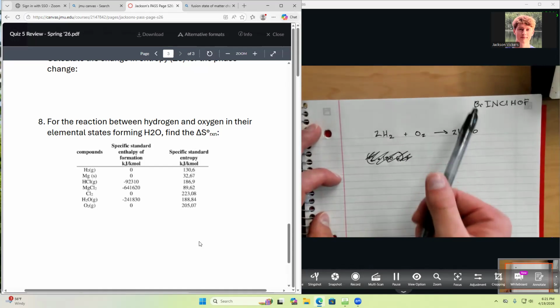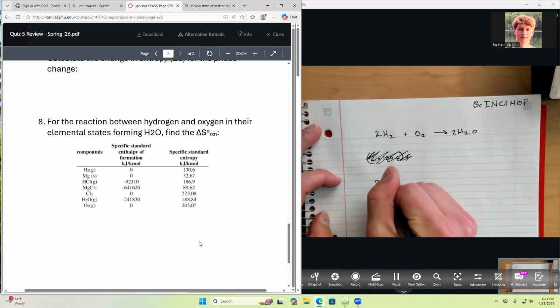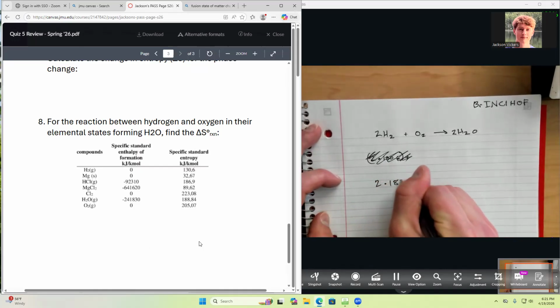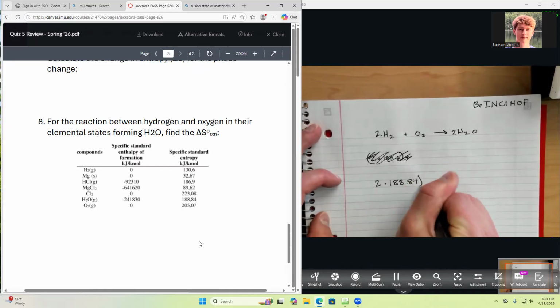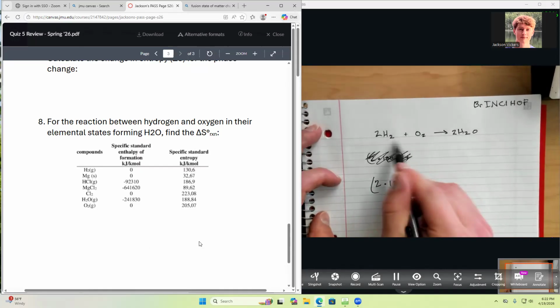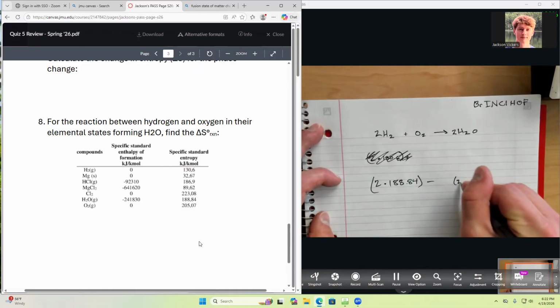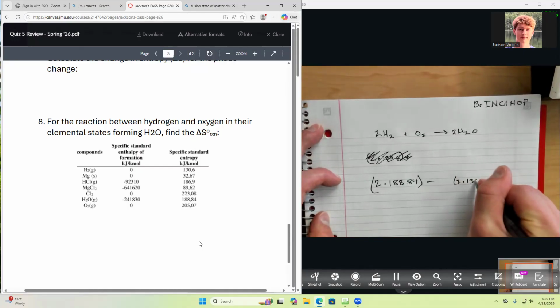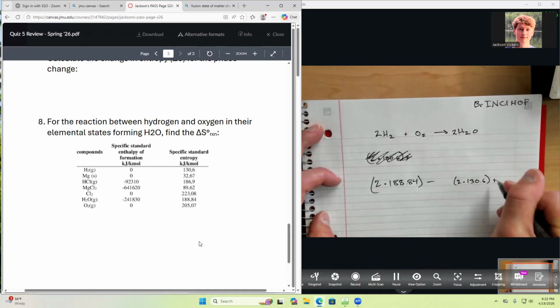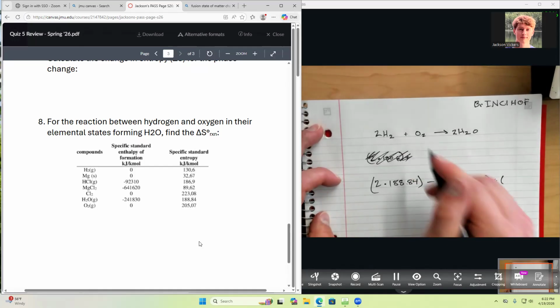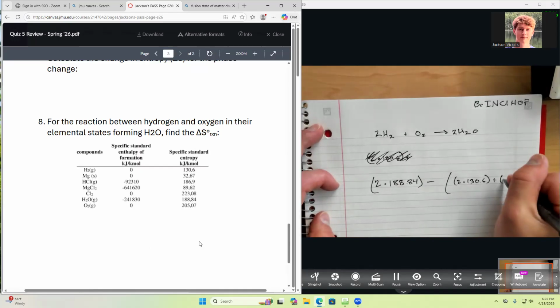So it's going to be 2 times all of that H2O, so 2 times 188.84, minus the sum of these ones. So this is going to be 2 times the H2, so 2 times the 130.6, plus O2 by itself, 205.07.